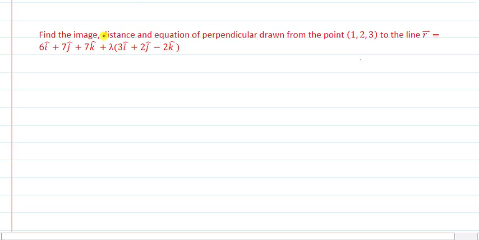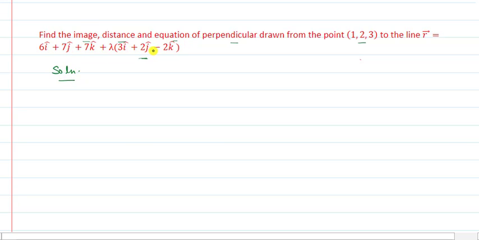Number 1, image; number 2, distance; and number 3, equation of perpendicular drawn from this point to this line. For the calculation of these three, we need to move in a different way. There is no particular formula to find out these three, we just need to move logically. So that logical way is, let me go ahead step by step.